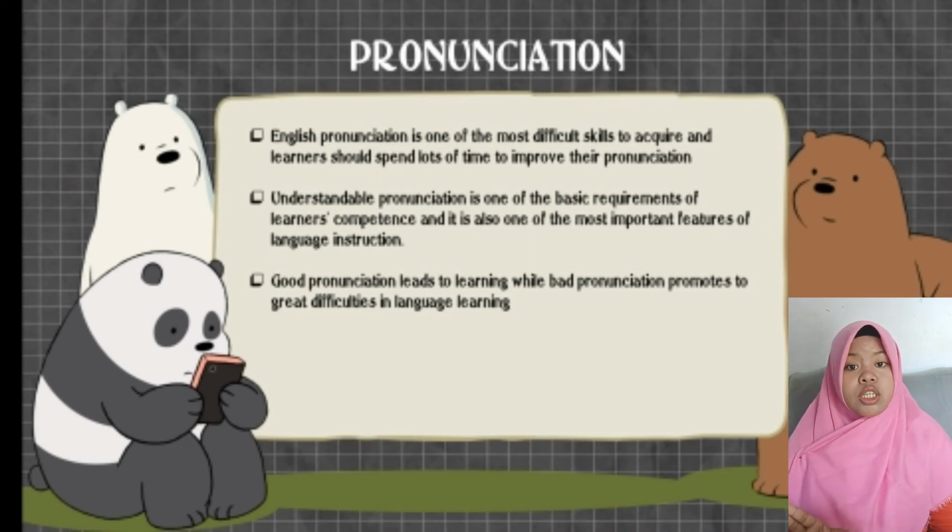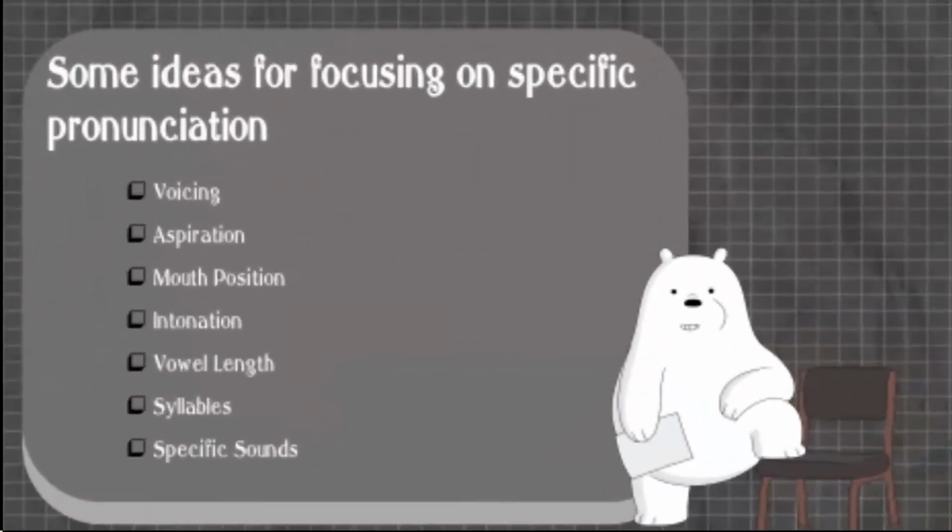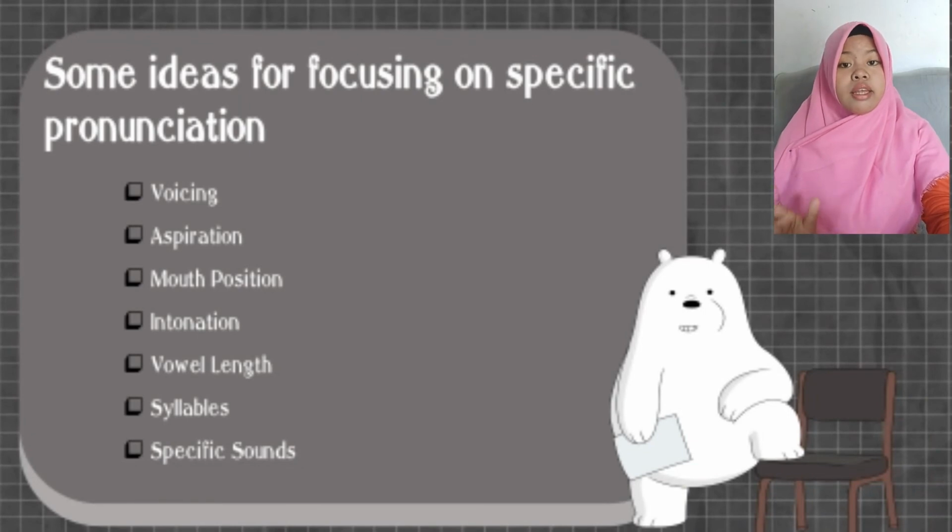English pronunciation is very important, because a good pronunciation leads to learning, but bad pronunciation leads to great difficulties in language learning. So, some ideas for focusing on specific pronunciation.